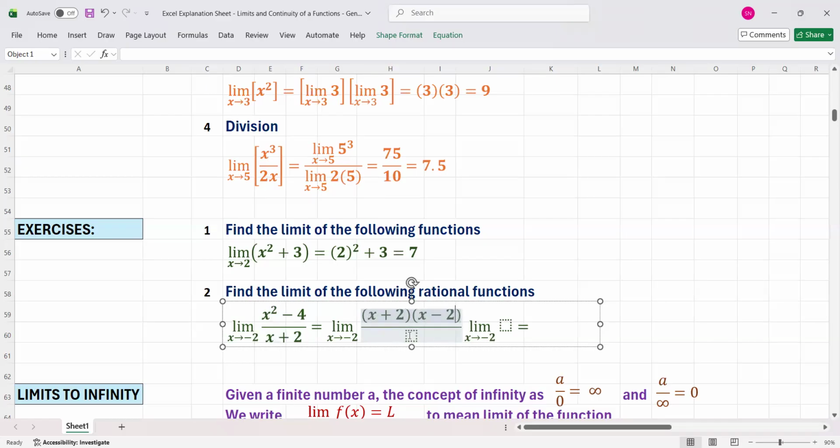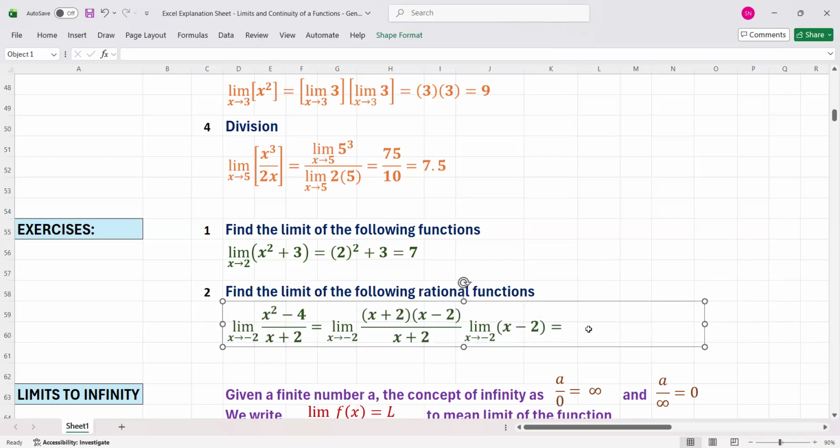And then if you divide it by x plus 2, you are going to get the numerator cancelling. This x plus 2 will cancel the denominator. So your limit function is going to reduce to x minus 2. Now you can substitute the negative 2 into the function.